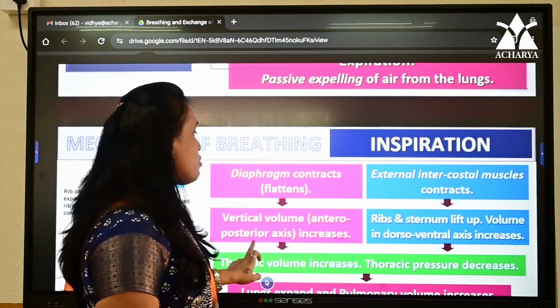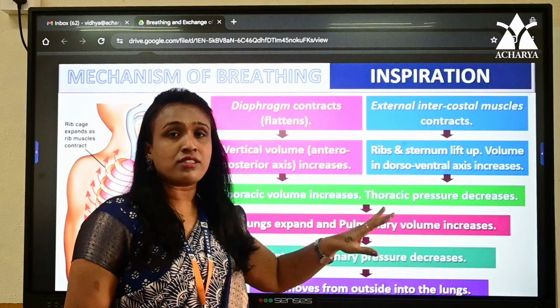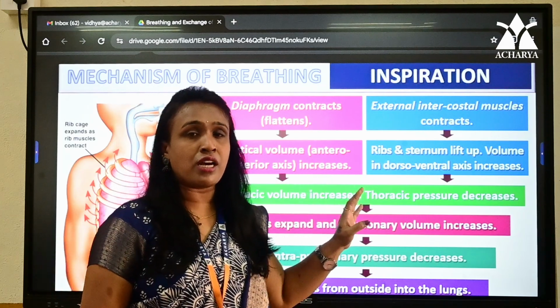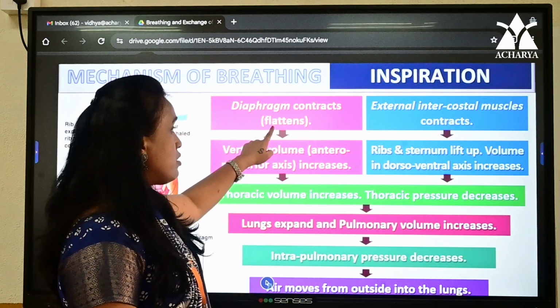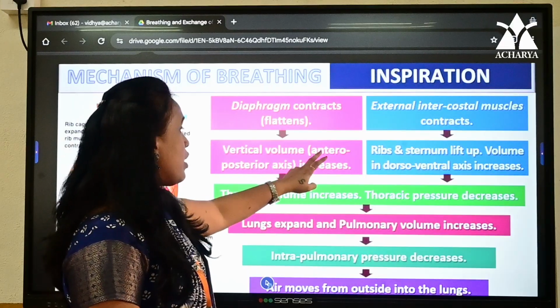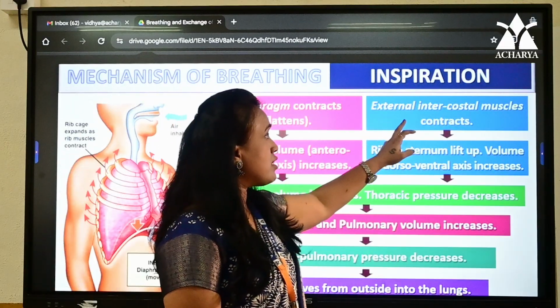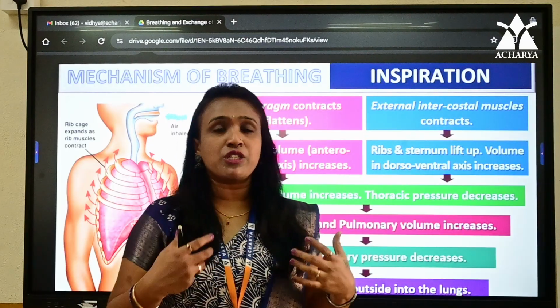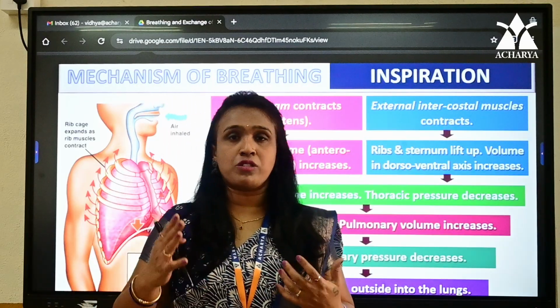Now, coming to inspiration, what are the changes occurring in this system or environment of the lungs? Let us check. The diaphragm contracts and flattens, so the vertical volume, that is the anterior-posterior axis, increases. At the same time, the rib cage has specialized muscles called intercostal muscles.